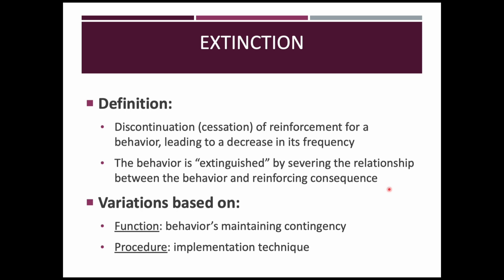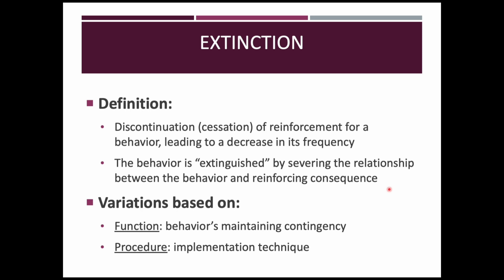So when we say we are implementing extinction, it is essentially the discontinuation of reinforcement for a behavior that leads to a decrease in the frequency of that behavior. So, for example, if self-injurious behavior is maintained by social positive reinforcement in the form of attention, when we encounter the client engaging in the problematic behavior, we would not provide attention.